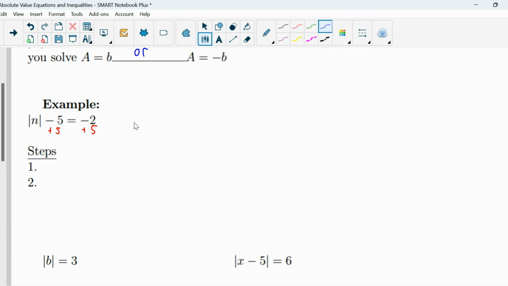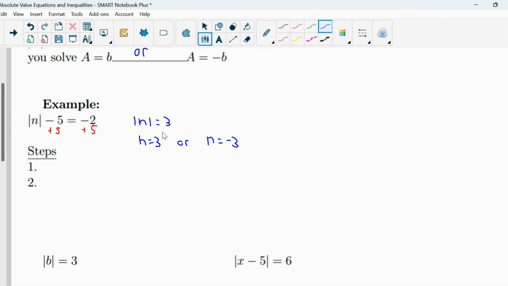That leaves us with the absolute value of n equals positive 3. So just like above, our solution would be n equals 3 or n equals negative 3. Because either way, the absolute value sign would make both of these solutions positive.